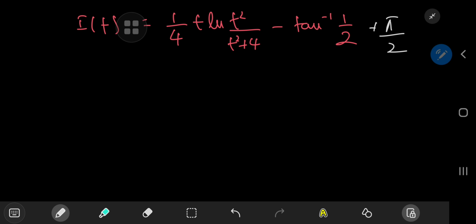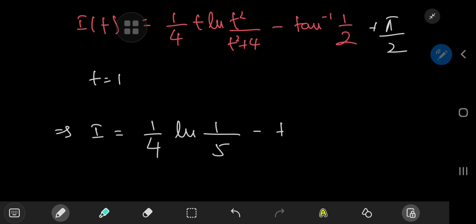Finally, now evaluate our target case, which is the case of t being equal to 1. So I of 1, which is our target integral I, equals 1/4 of 1 times log 1 by 1 squared plus 4 is 5, minus the inverse tangent of 1/2 plus pi by 2. Okay, cool.